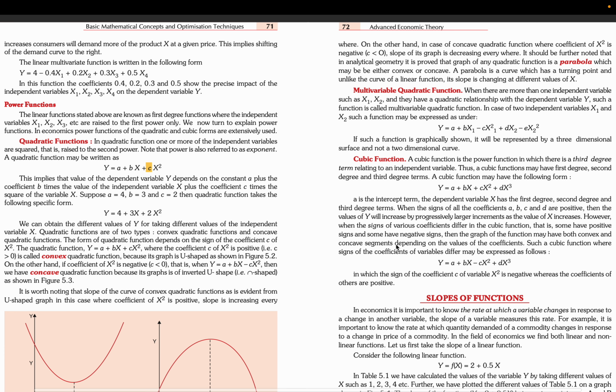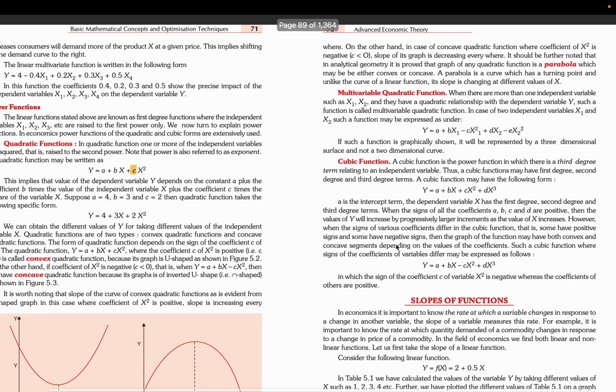On the other hand, in case of concave quadratic functions where the coefficient of x square is negative, the slope of its graph is decreasing everywhere. It should be further noted that in analytical geometry, it is proved that the graph of any quadratic function is a parabola which may be either convex or concave.